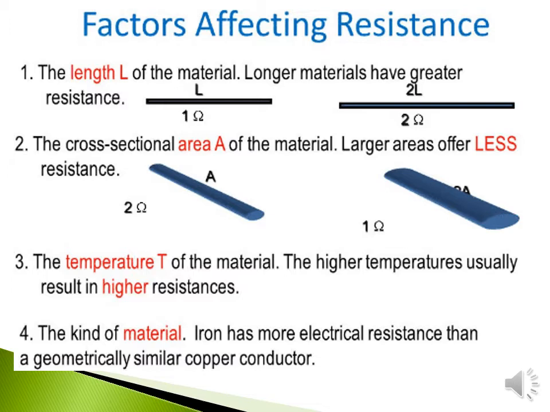Means larger the area, it offers less resistance. Next is temperature. The resistance of any conductor also depends upon the temperature. It increases with increase in the temperature and vice versa.